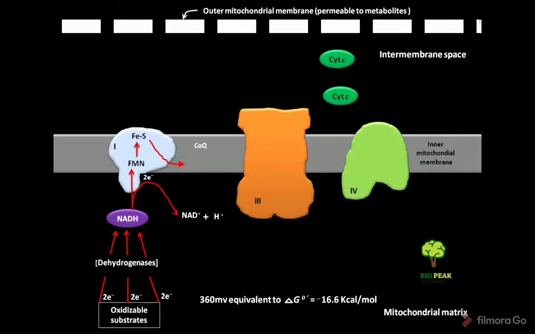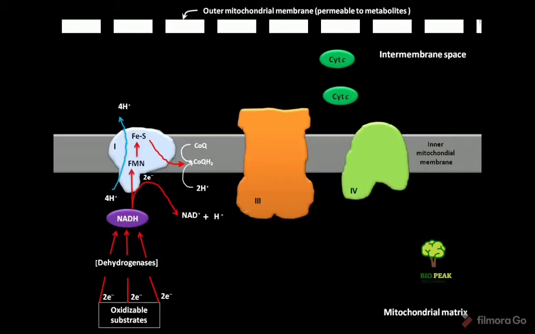So much of this released energy is used to transport 4 protons across the inner mitochondrial membrane per molecule of NADH oxidized by complex 1. The addition of 2 electrons and 2 protons from the mitochondrial matrix to coenzyme Q forms the fully reduced form, dihydroubiquinone or CoQH2.